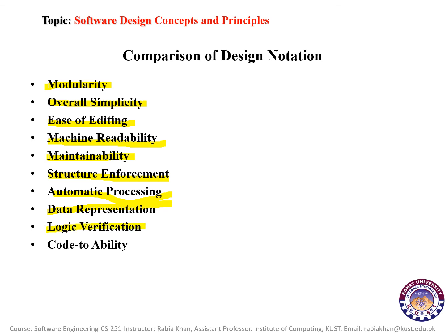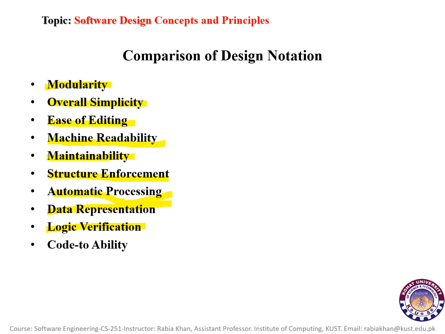Automatic verification of design logic is a goal that is paramount during software testing. Notation that enhances the ability to verify logic greatly improves testing adequacy. So if the design notation itself verifies the logic of the program, the testing part, which we'll be discussing in the coming chapter, becomes easier. Testing is the last phase of software engineering in software development.